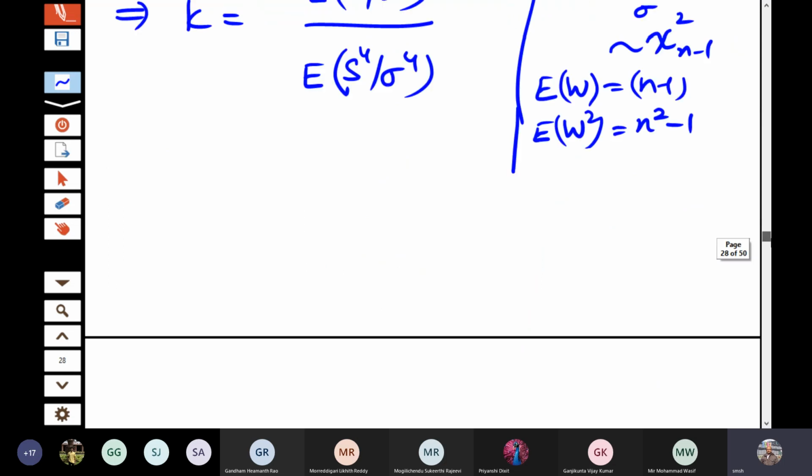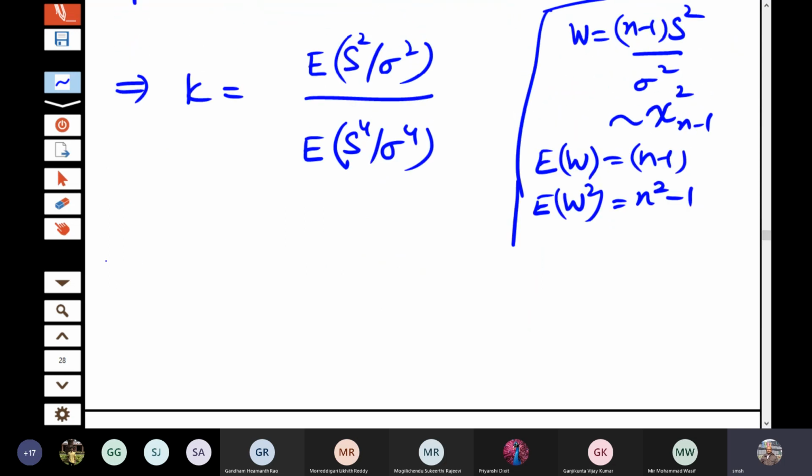So let us adjust all these coefficients here. The expectation of s square by sigma square, that is 1.